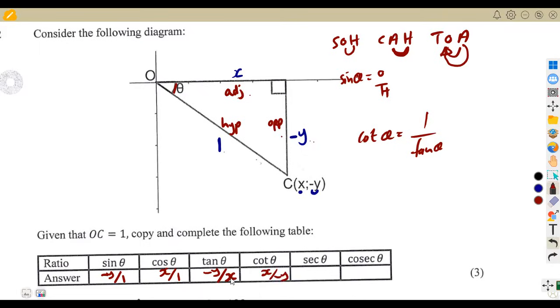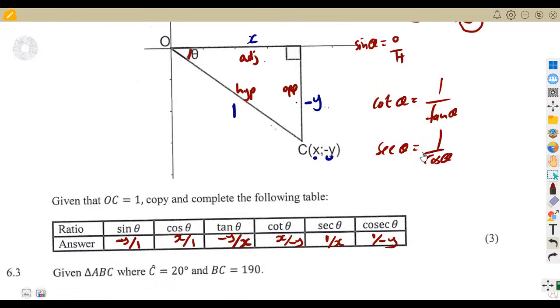Sec of theta is 1 over cos of theta, so invert what you have, which is 1 over x. The same with cosec, 1 over sine, so you invert to get 1 over minus y, or minus 1 over y. That's how you play with these ratios.